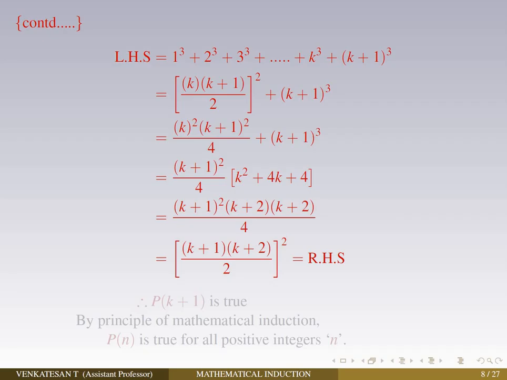By taking LCM and doing simplification, I will be getting k plus 1 into k plus 2 divided by 2 whole square. This is my required right hand side. Therefore, P of k plus 1 is true. By principle of mathematical induction, P of n is true for all positive integers n.